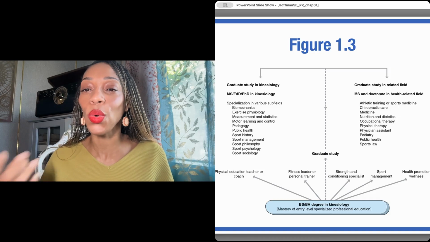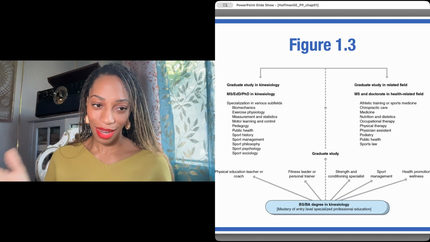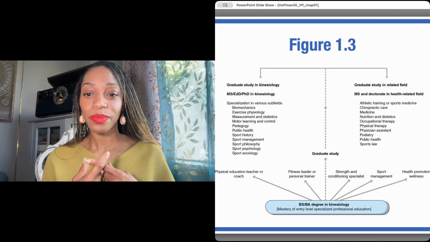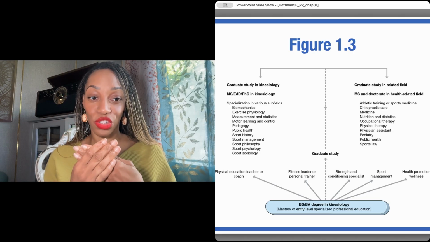So it would be a total waste of your time to enter a certification program and then not get a master's degree, which is why most of the time they are embedded into one and the same, a master's degree with a certification attached to it.